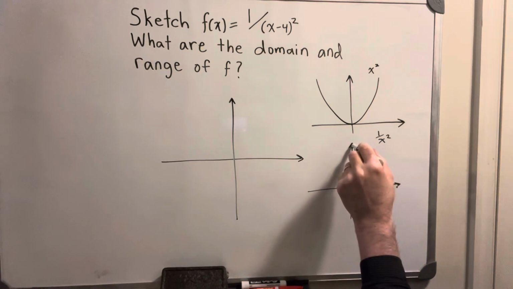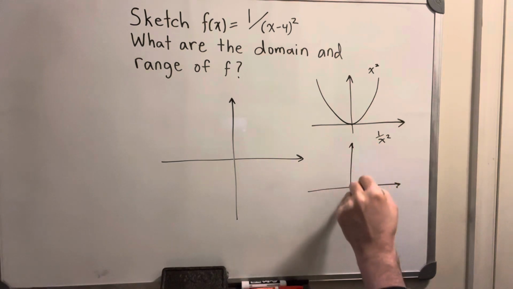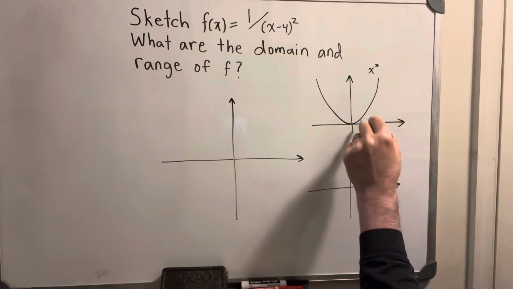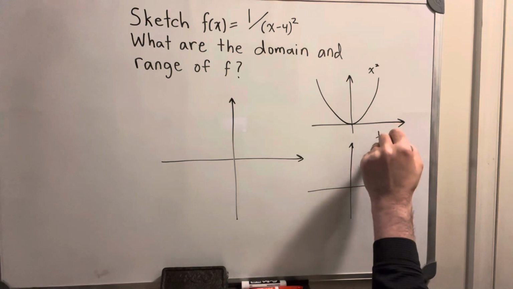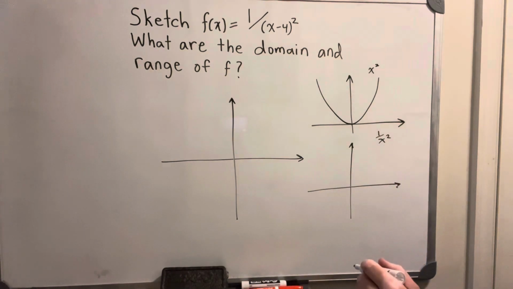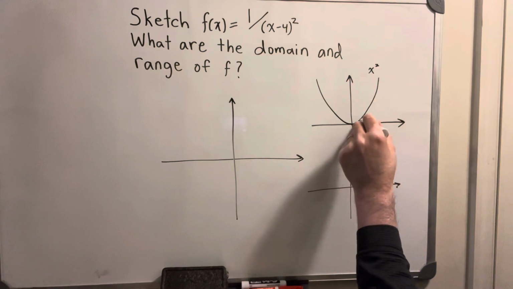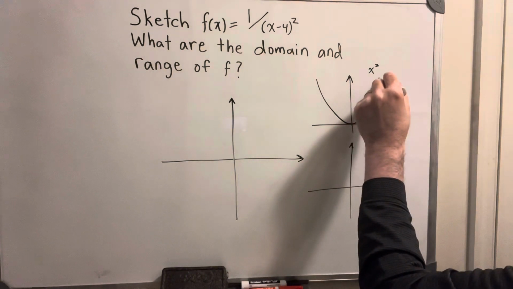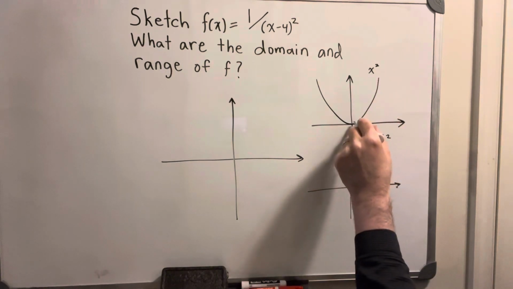So you know that right on x equals 0, the function is not going to be defined. But starting very near to 0, x squared has a very small value. If you take the reciprocal of a very small value, you're going to have a very large value. And as you get to the very large values, if you take 1 over that value, it's going to be very small.